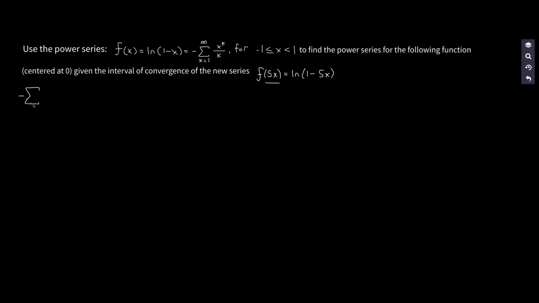It's a negative summation from k equals 1 to infinity of x raised to the power of k over k. This is going to become the negative summation from k equaling 1 to infinity, but instead of x, we're going to plug in 5x, and raise that to the power of k.